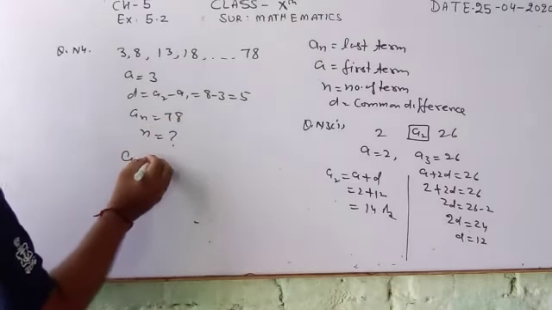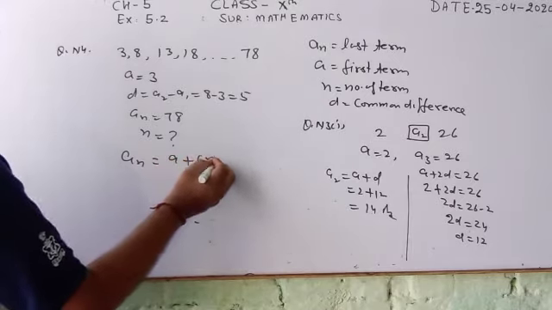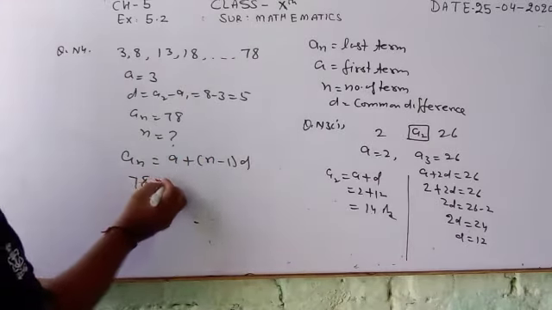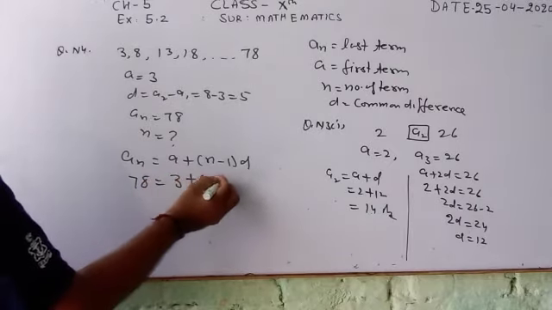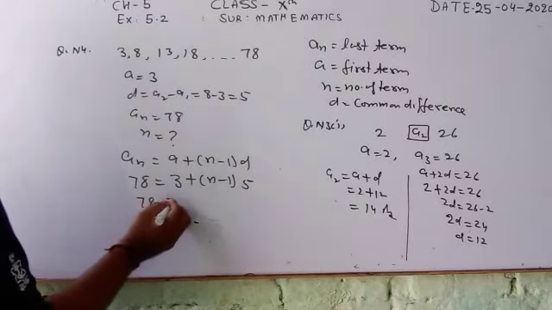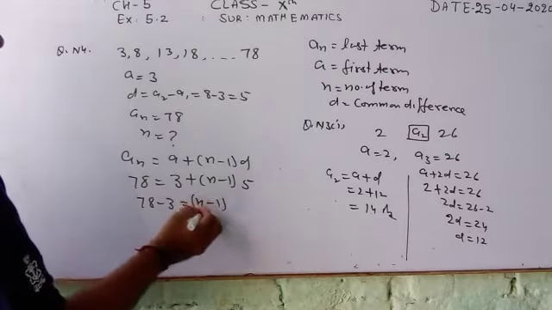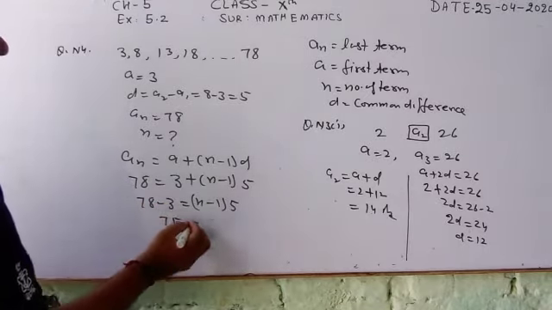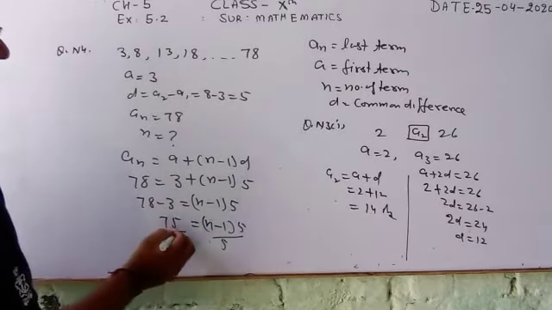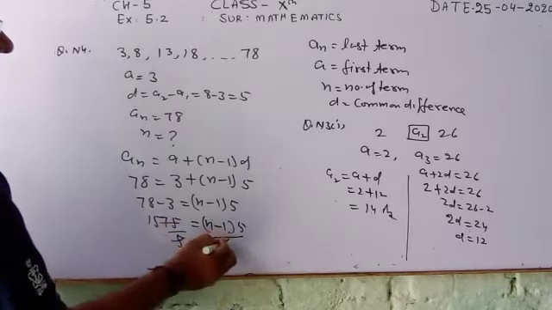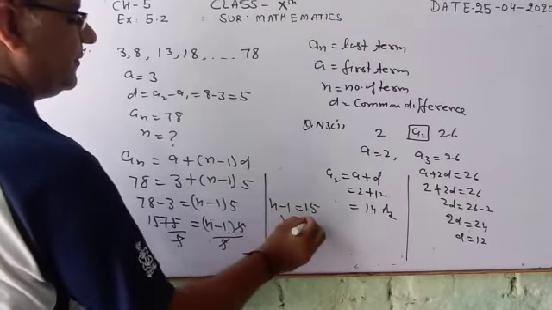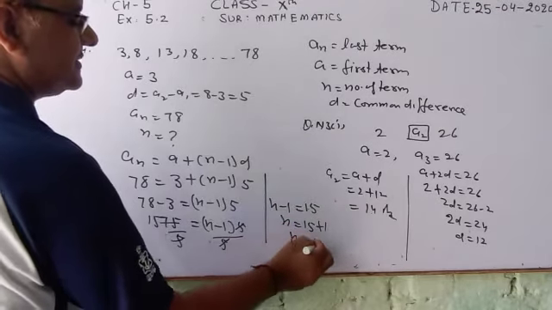We write the formula a_n equal to a plus (n minus 1) into d. Putting the values: 78 minus 3 equal to (n minus 1) into 5, that is 75 equal to (n minus 1) into 5. We divide by 5, we get 15. So n minus 1 equal to 15, n equal to 15 plus 1, n equal to 16.